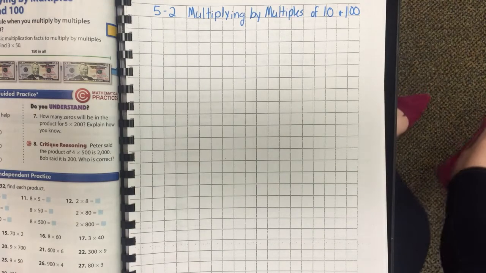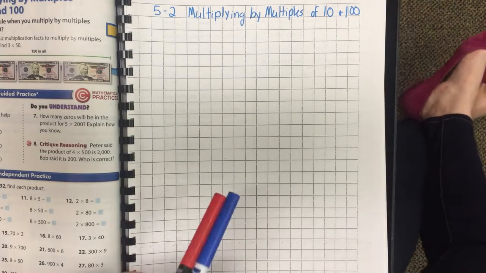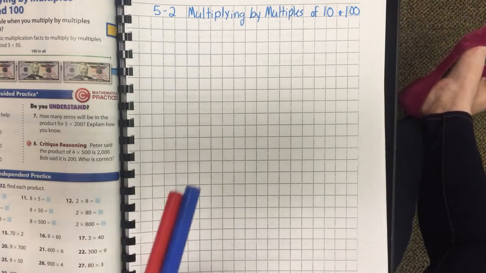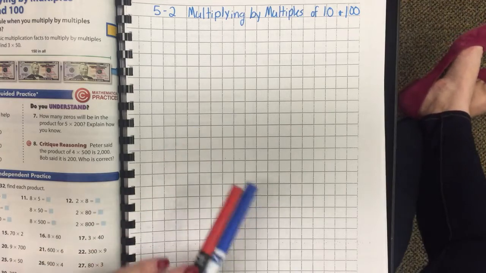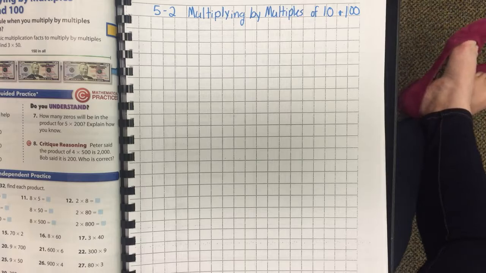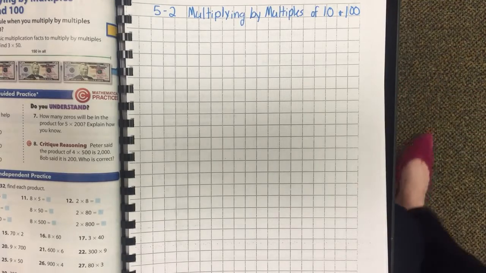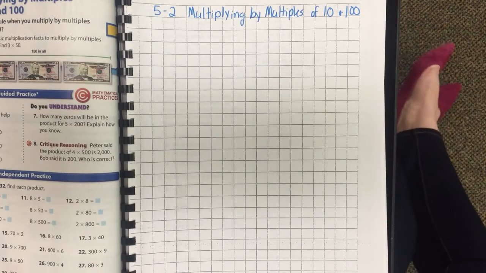Okay, so yesterday was ridiculously easy, multiplying a one digit number by either a 10 or 100. But today is more of a focus on dealing with a multiple of 10 or 100, meaning 50, 500, 70, 700, all of that. So it's the same process, though, of understanding how to do it.